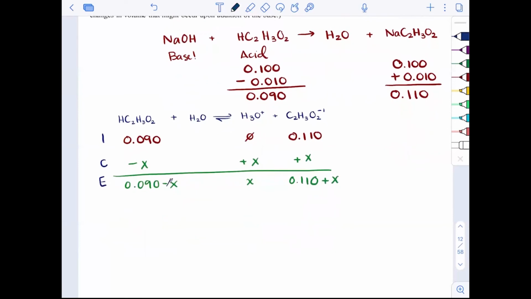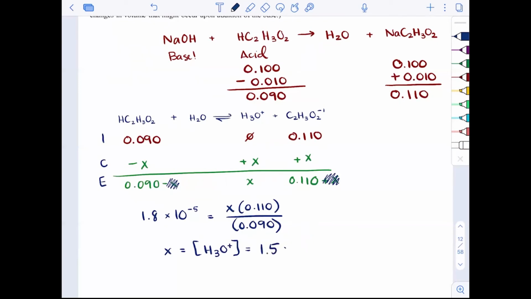So we can assume the x's tied to initial concentrations are also small and solve for x, x being our hydronium concentration, which in this case is 1.5 times 10 to the negative 5 molar. The pH then, negative log of that value, is 4.83.